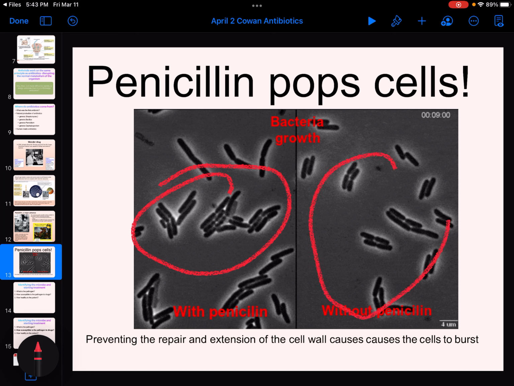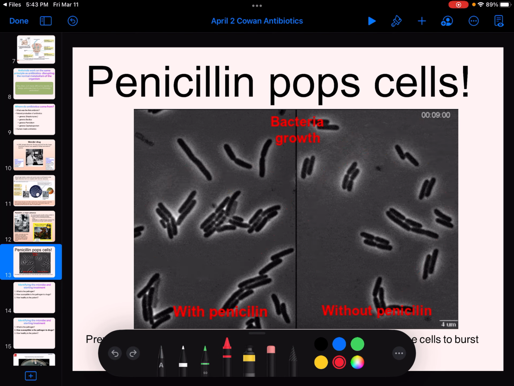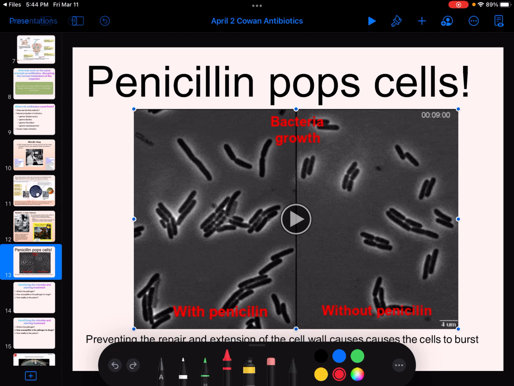So we've already seen this side where cells are just growing normally, and now on this side, on the left, we're going to see cells growing with penicillin, and you're going to see that they begin to get larger, and then they kind of fade away, which is because they have burst and the cell contents have come out of the cell wall. So let me play this.